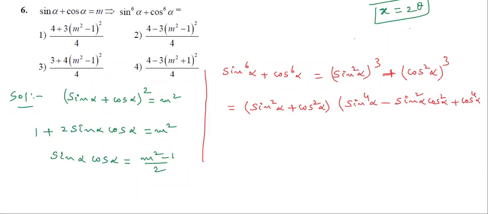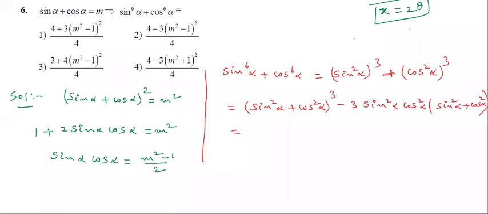Use another formula. A cube plus b cube means what? A plus b whole cube minus 3ab into a plus b. Use this formula. I think it is useful. 3 sin square alpha cos square alpha into sin square alpha plus cos square alpha. That is also useful, but it will take half a minute extra.